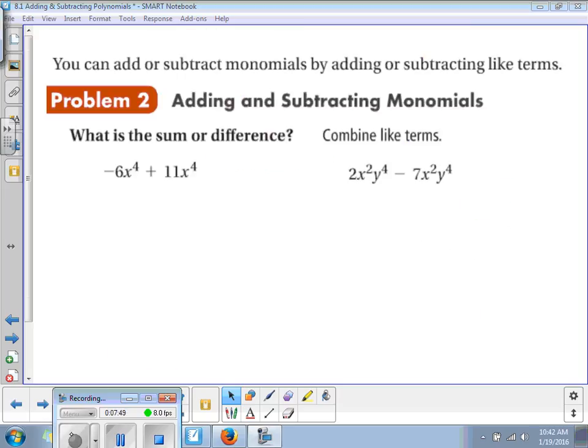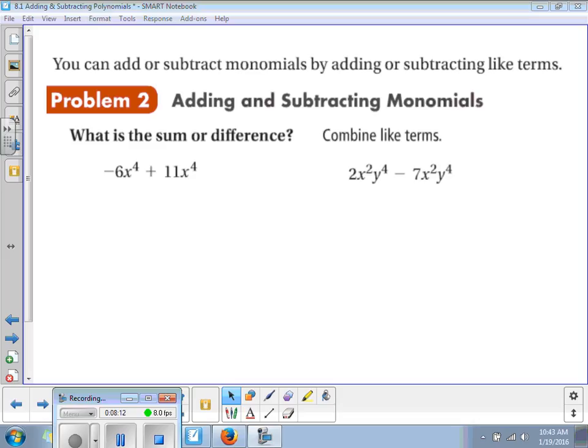Problem 2 is adding and subtracting monomials. You can add or subtract monomials by adding or subtracting like terms. And remember, like terms are all a's, or all a squares, or all x cubes. They're all like terms.